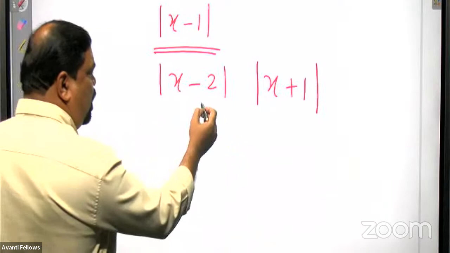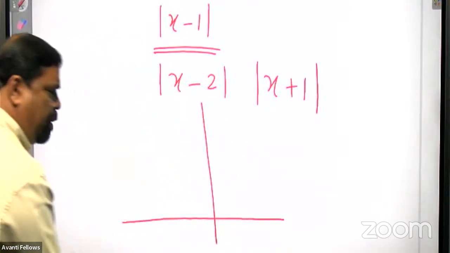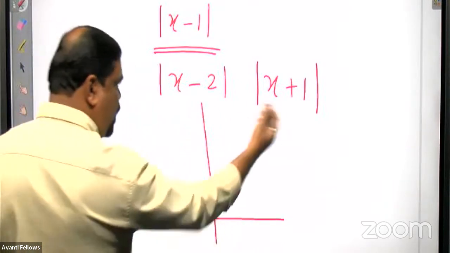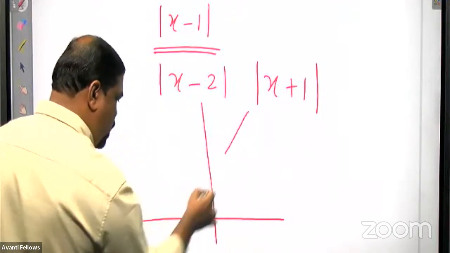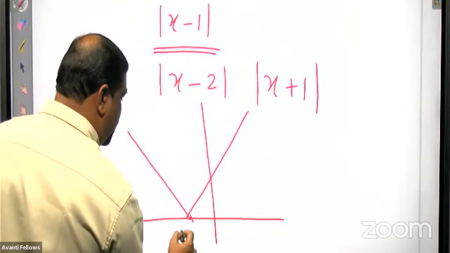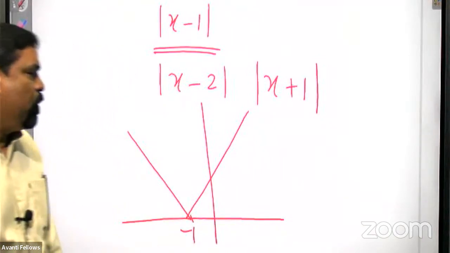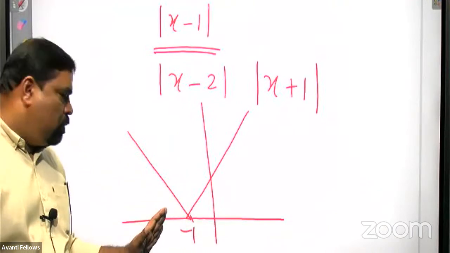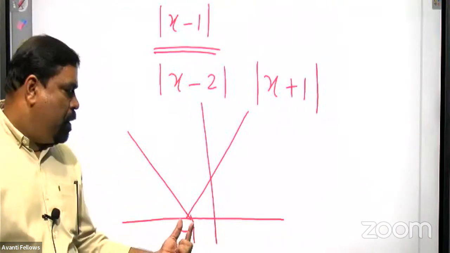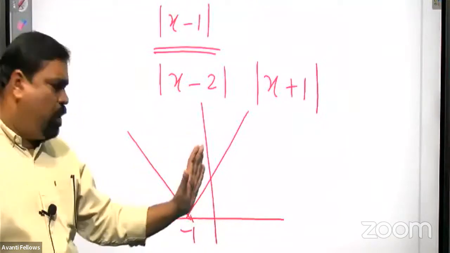Now you see, the graph of mod function is all of the same type, same nature. Mod x plus 1 means it will be shifted 1 unit backward. The negative 1 will be the sharp edge. The sharp edge will be shifted to the left side at the point negative 1. So the shape has no change actually.